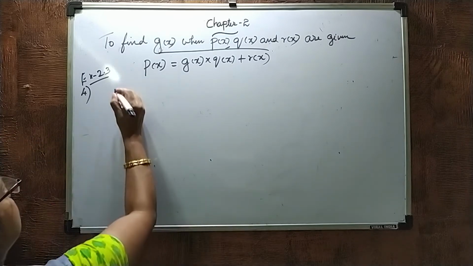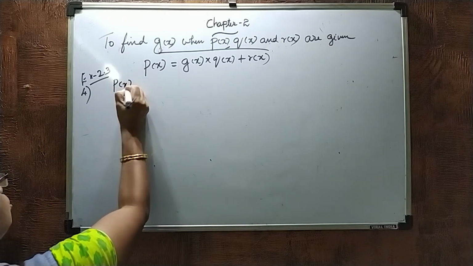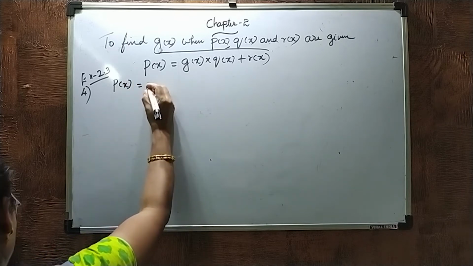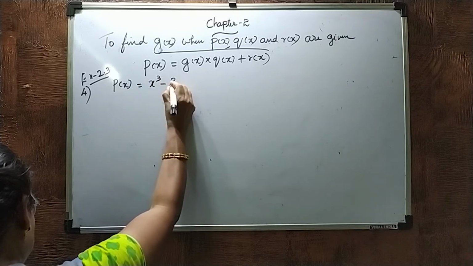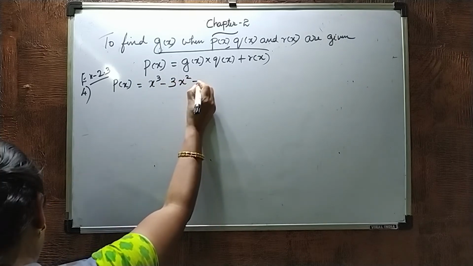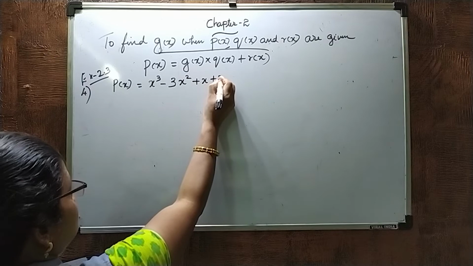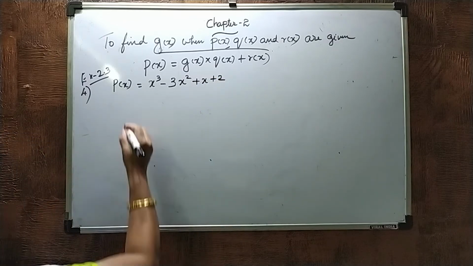So p of x is equal to x cube minus 3x square plus x plus 2. Then g of x you have to find out.